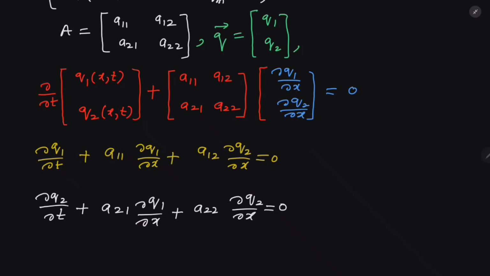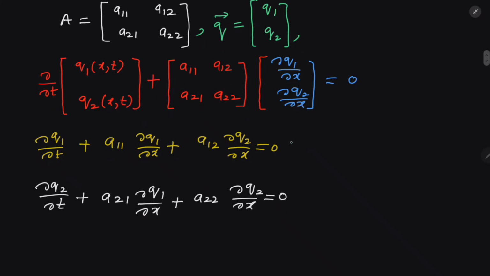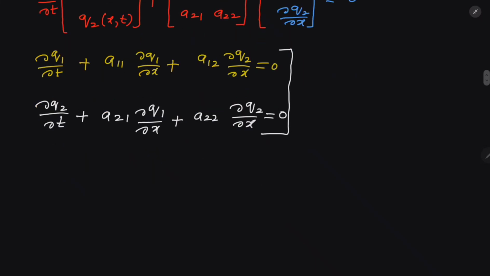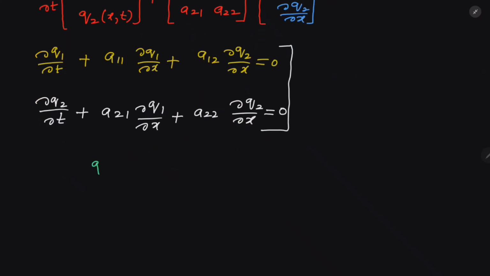So in this way, we have a system of two partial differential equations, and we need to understand this system of first order PDE. Here, if I talk about what the Q vector is, since Q vector depends on x and t, and the output is a vector like this, x and t and x and t.